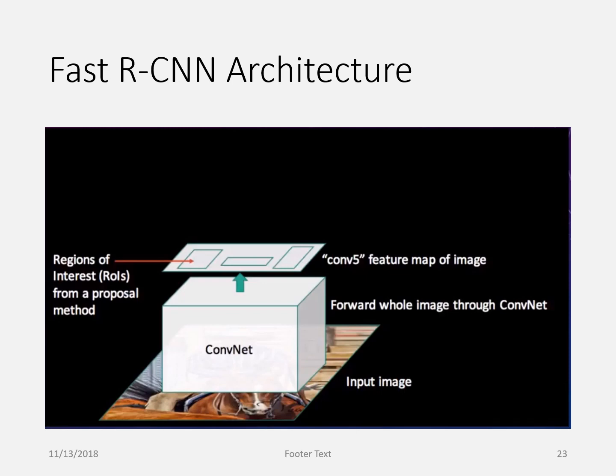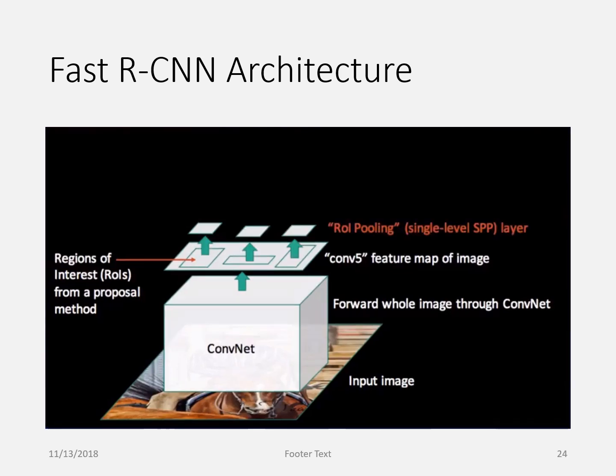So let's go and see the Fast RCNN architecture. How is Fast RCNN different from RCNN? In RCNN, convolution was applied to each object proposal, but here the original image is passed through the convolution, and then with the help of region proposals, the output of the convolution layer, the feature map, is fed into the ROI pooling layer, which will be explained in later sections in detail.